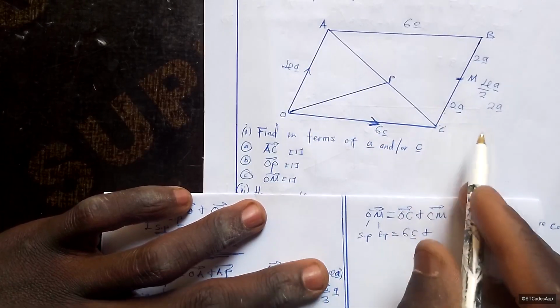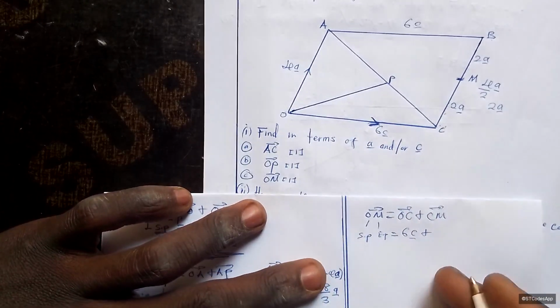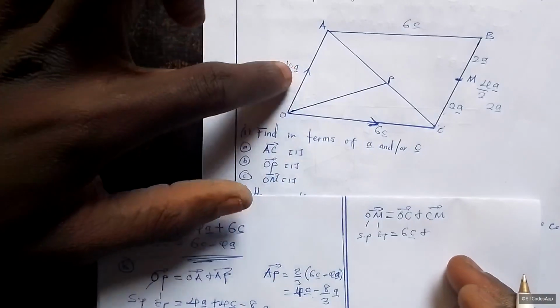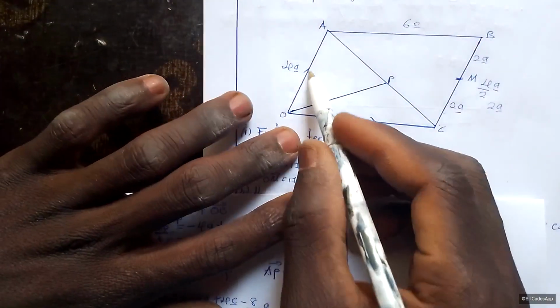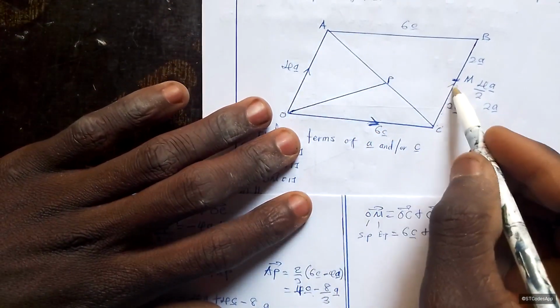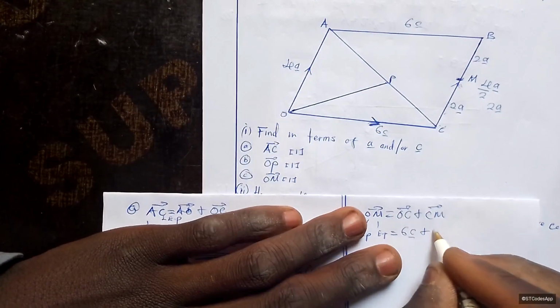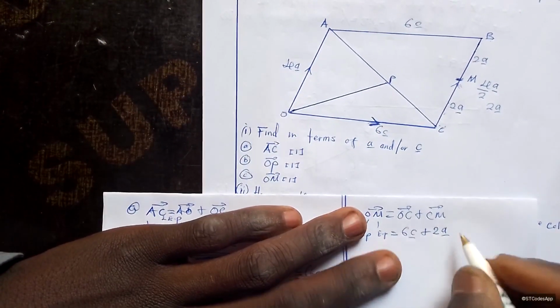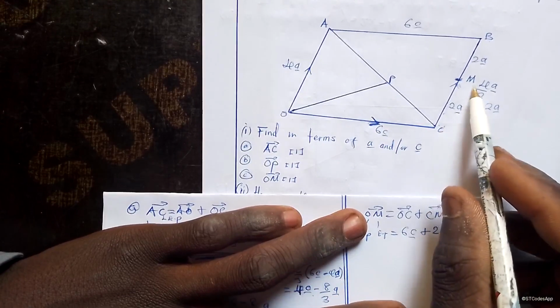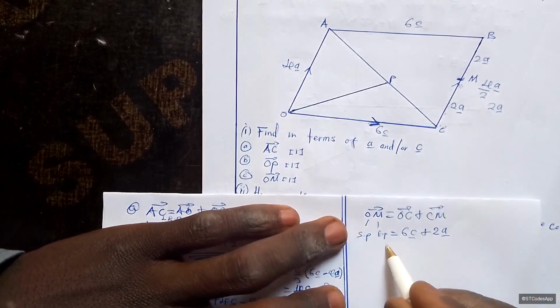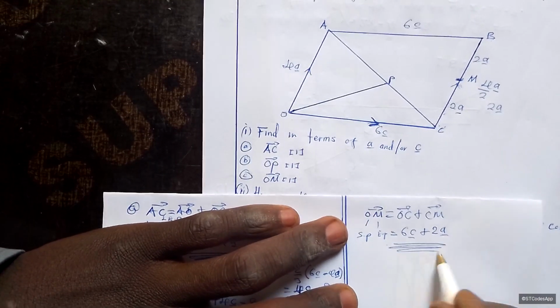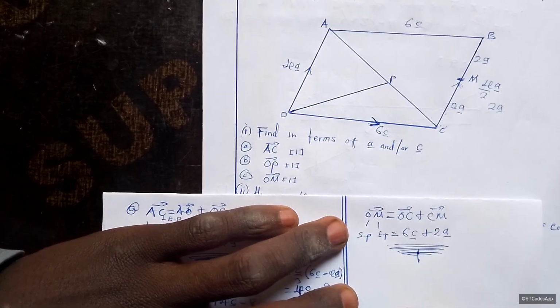As for this one, like they were saying, parallel lines have the same vectors. Now this arrow here is showing that it is going on top. Even this one here is going on top. So this one here is going to be plus 2a vector for CM. As for OM, we are done on this part here.